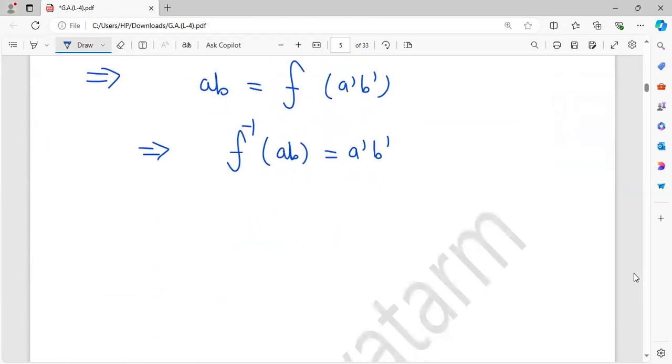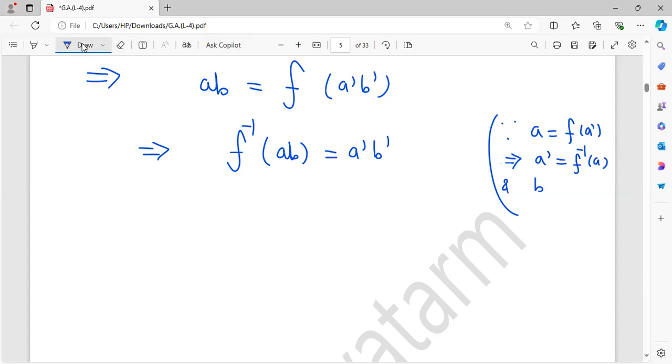But since a is equal to f(a dash), a dash is equal to f inverse of a.